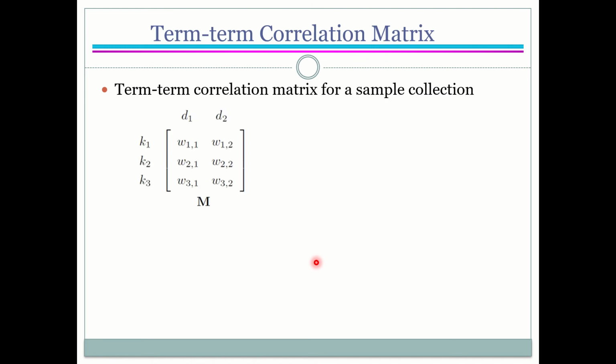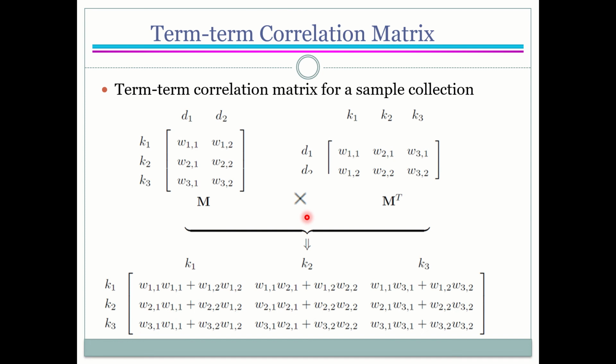For instance, we have this matrix. We have keywords 1, 2, 3, and we have documents 1 and 2. We take the transpose of this matrix, and then we perform the multiplication. Then we will get this term-term correlation matrix.